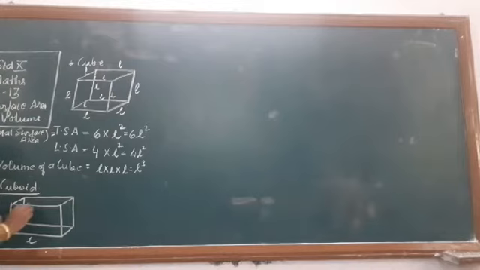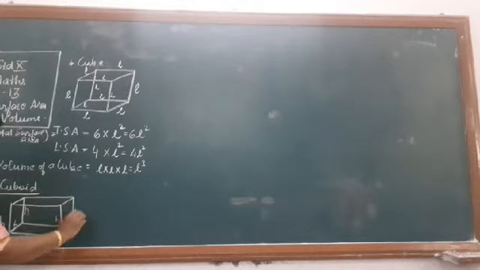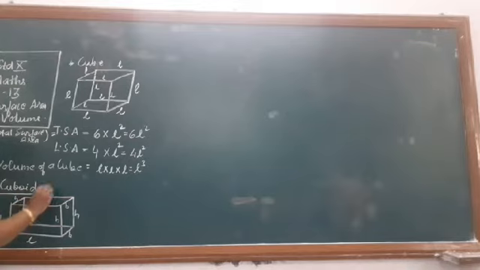So how many you have? Height here, this is also height, this is also height. Okay, this is breadth, we have denoted it as b, this is also breadth. Okay, this is breadth, this is breadth. Okay, this is length, this is length and behind also you have a length.